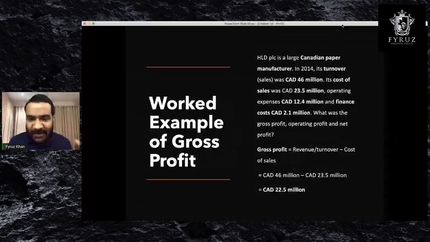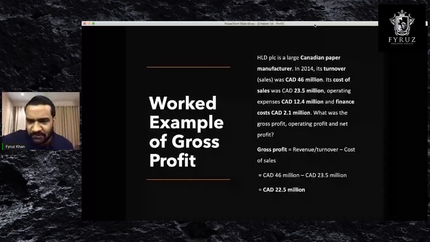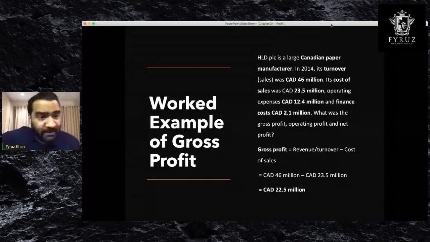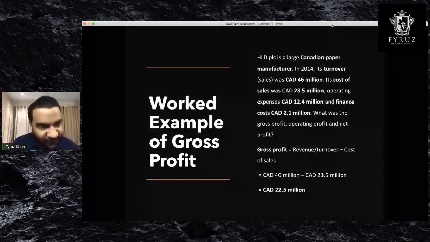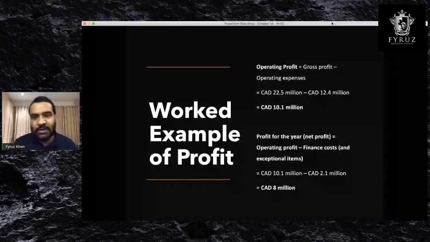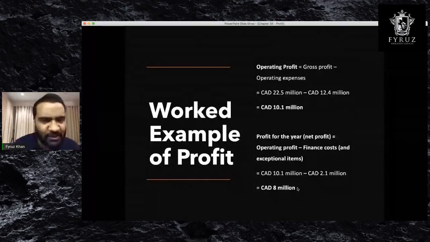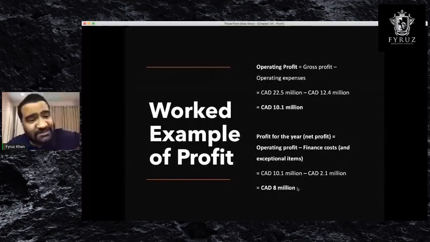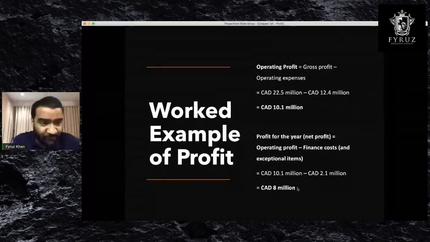If you look at the question, your finance cost was, if I'm not mistaken, 2.1 million. That means you've borrowed money from the bank, right? Let's say you've borrowed $30 million. And when you borrow money, you have to pay interest, and that is finance cost. So when you take your operating profit minus finance cost, that's your net profit, also known as profit for the year, the real income after minusing everything.